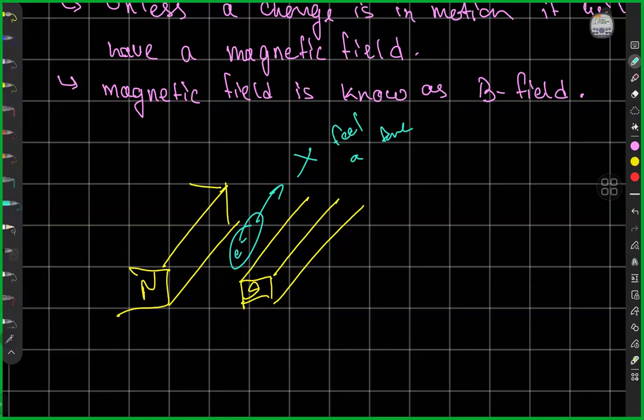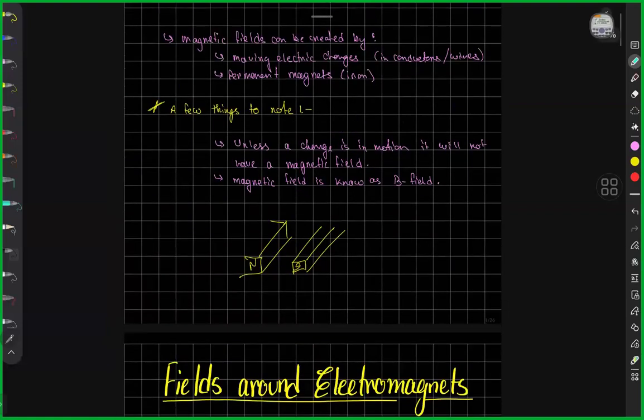They don't feel a force by magnetic fields. Get it? So if charges are static in one place, it won't feel a force. Charges need to move to feel a force. Very important fundamental. Keep that clear in your head.